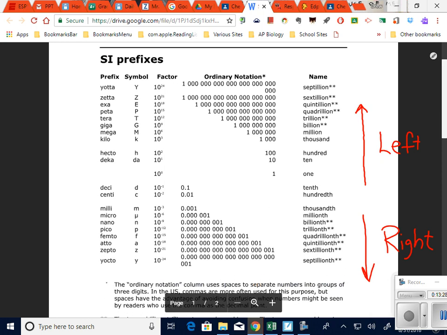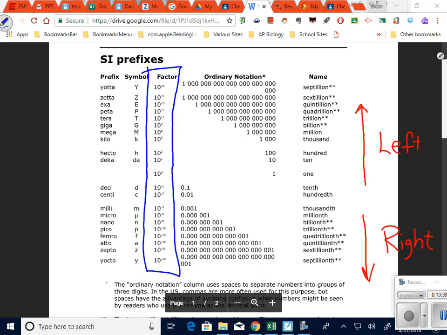All right, so when I am doing metric conversions, I'm looking at this place right here, because I'm looking at the exponents. I see hecto right here. Hecto has an exponent of 2, right? Let's say I'm going from hecto up to mega. Mega has an exponent of 6.